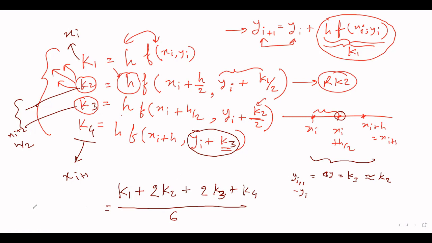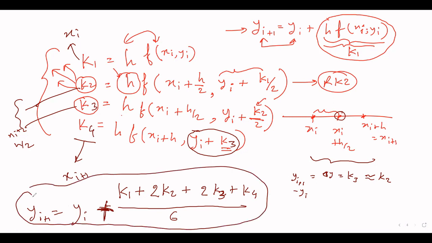So overall yi plus 1 should be yi plus this average. This is the main idea of the RK method of order 4. You can understand why we are mentioning order 4, because we used up to 4 Ks.